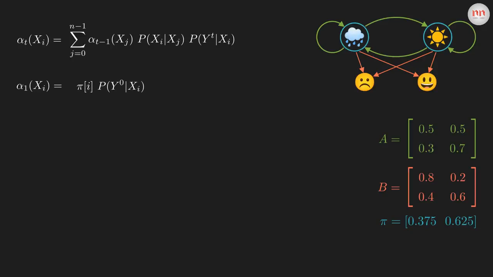At last, to compute our final answer, we need to sum the alpha t's for every hidden state. And there you have it. You have just discovered the forward algorithm. Did it feel intimidating? I don't think so. Now we should compute the answer that we are looking for using this algorithm. So let's turn on the autopilot.